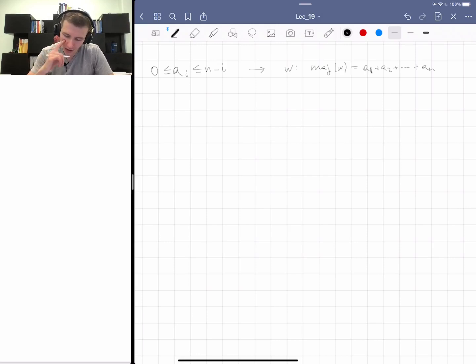Okay, so I guess you're asking whether, when I try to insert some element into a permutation, why is the place of insertion unique, and why does it exist?